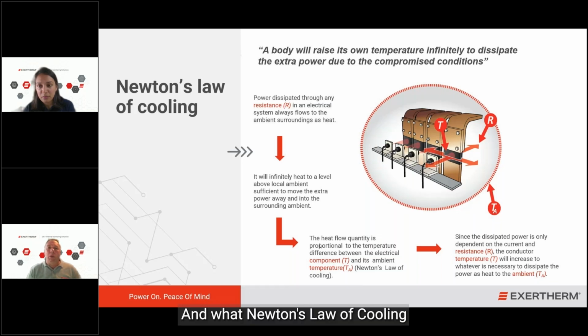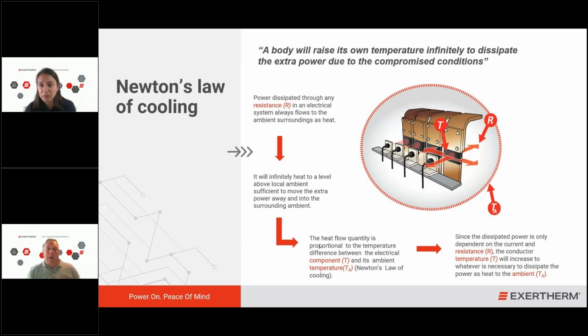And what Newton's law of cooling says is that when that joint starts to become compromised, the resistance will cause heat. And the joint tries to dissipate that extra energy across the joint as heat.